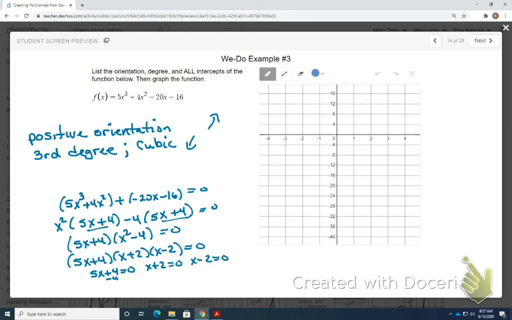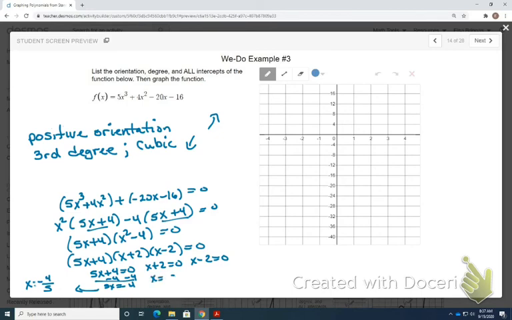So here, subtract 4 from both sides. I get 5x equals -4. Divide by 5. I get x equals -4 over 5. Let me rewrite that a little better. So I get -4 over 5. And then here, subtract 2 from both sides.